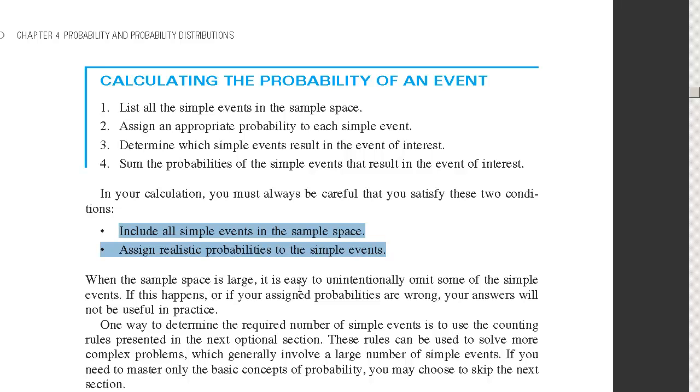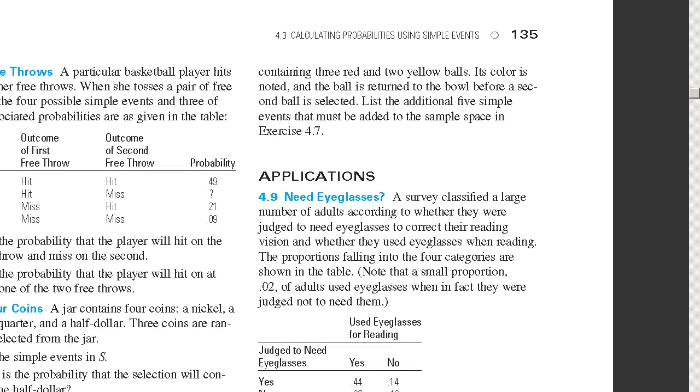If this happens, or if your assigned probabilities are wrong, your answers will not be useful in practice. One way to determine the required number of simple events is to use the counting rules presented in the next optional section. These rules can be used to solve more complex problems, which generally involve a large number of simple events. Okay, so if you only need to master the basic concepts, you can skip that.